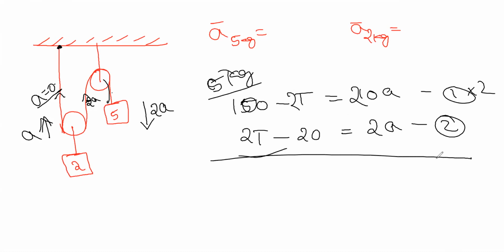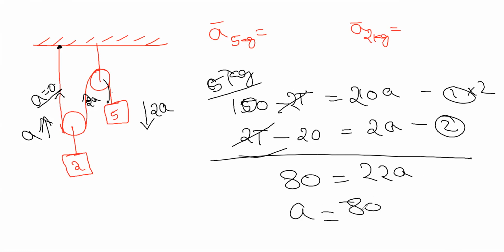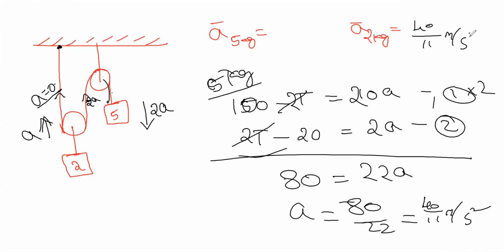Then we add, and 2T gets cancelled. 100 minus 20, 80 equals 22A. Then we get acceleration as 80 by 22, which is 40 by 11 meters per second squared. This is the acceleration of A, that is nothing but the acceleration of the 2 kg block. Now the acceleration of the 5 kg block is 2A, which equals 80 by 11 meters per second squared.